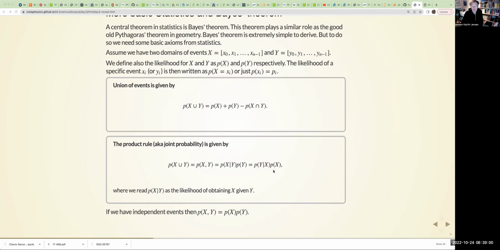And if these events are independent, then it's simply the probability with respect to x multiplied with the probability with respect to y. You could think of this in terms of quantum mechanics.